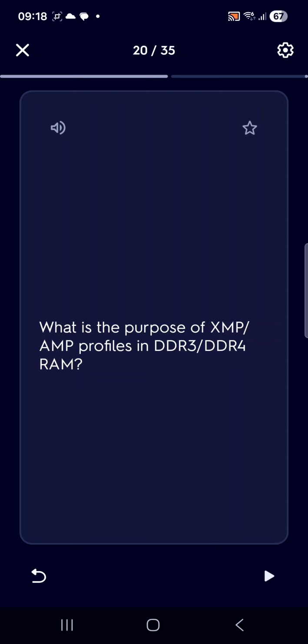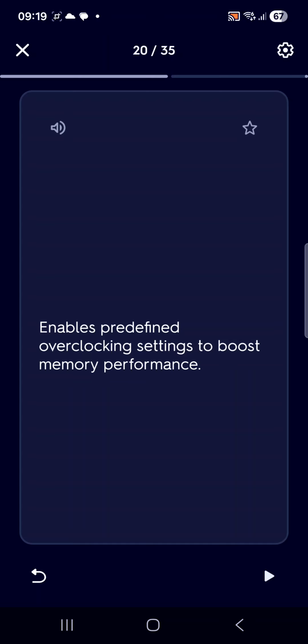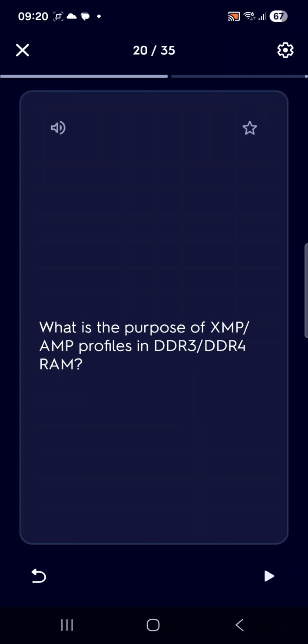What is the purpose of XMP or AMP profiles in DDR3 and DDR4 RAM? What does XMP stand for again? Extreme Memory Profile. And we know what AMD stands for, right?